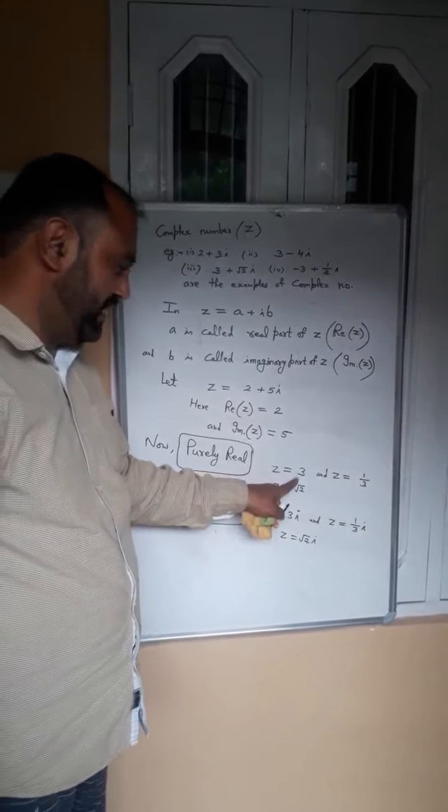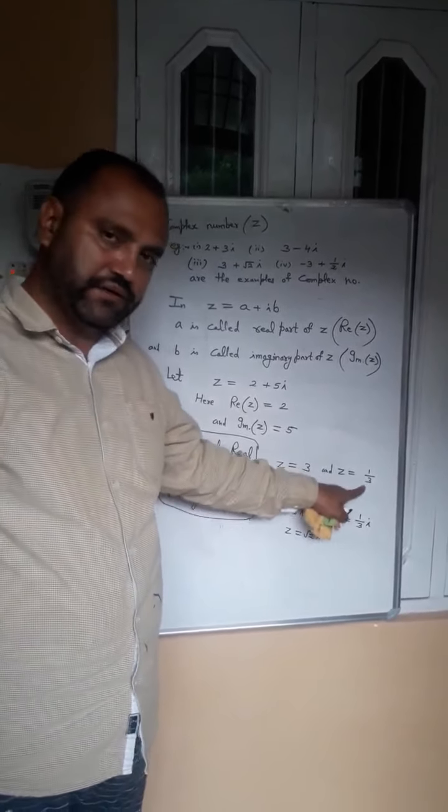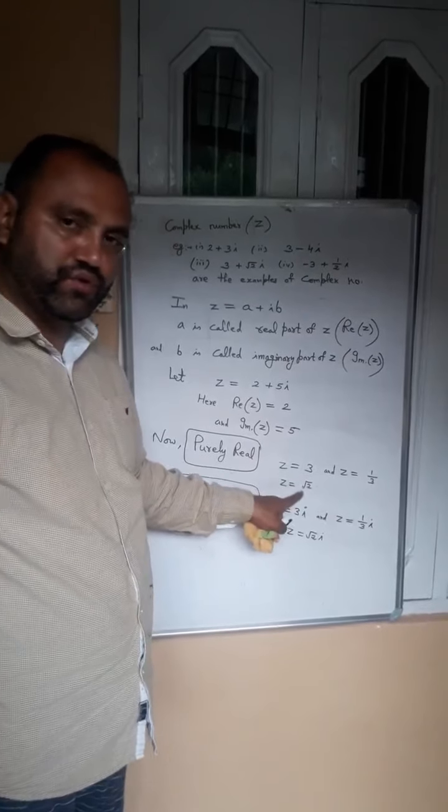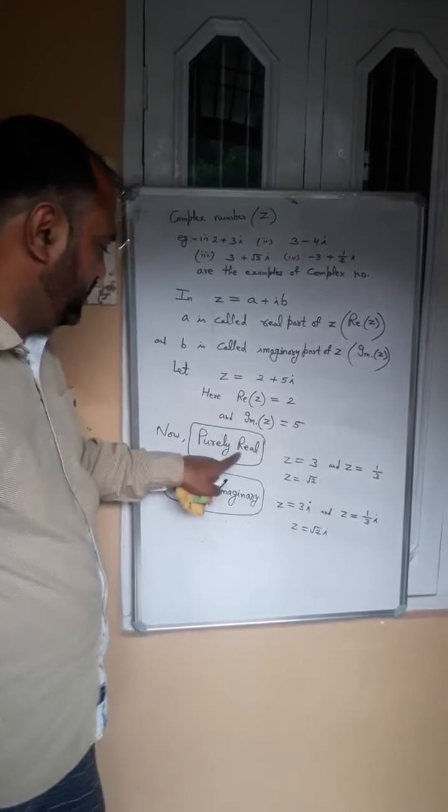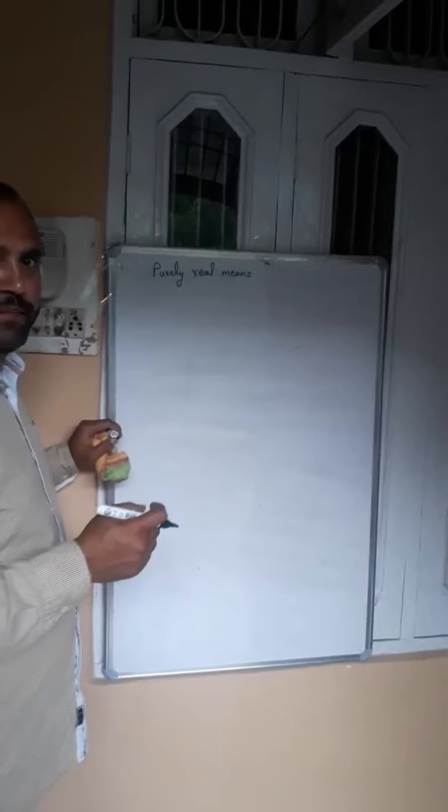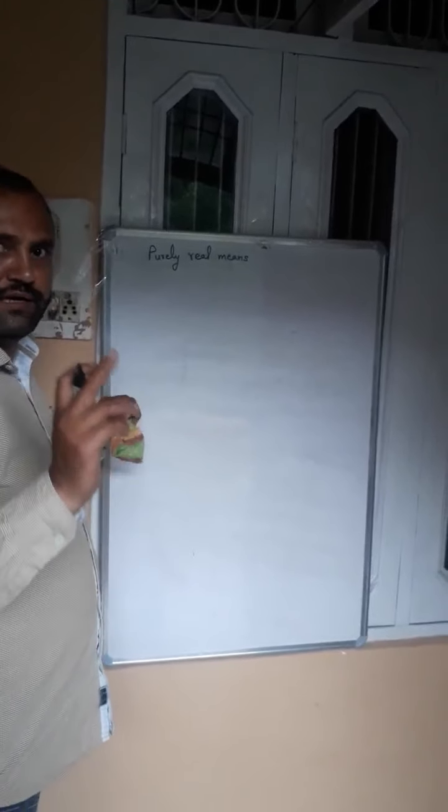And z is equal to 3, z is equal to 1 by 3, z is equal to root 2. These are the examples of purely real.